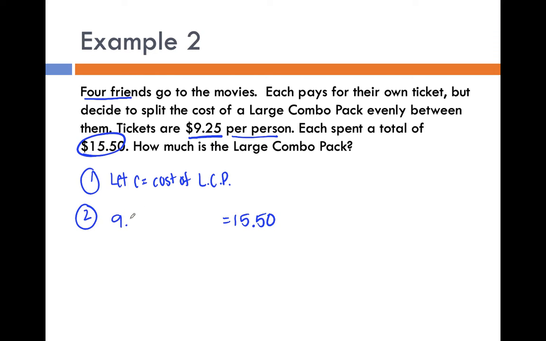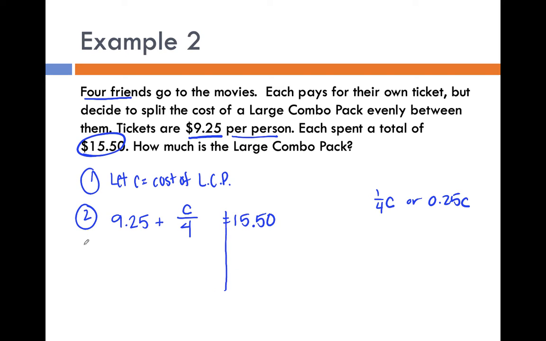So they each spent $9.25 on their ticket. This is an individual person. And then plus, you can write this a couple different ways. The combo pack divided by 4, or you could write it as 1/4 times the combo pack, or you could write it as 0.25 times the combo pack. So this C divided by 4, you can actually write that 3 different ways. I'm just going to leave it as C divided by 4 for this example.